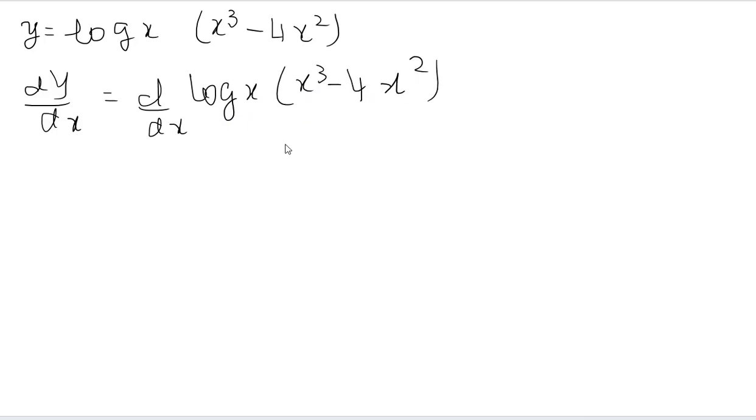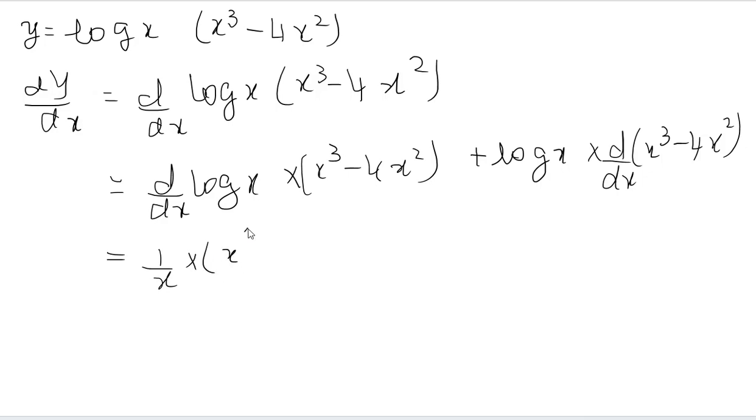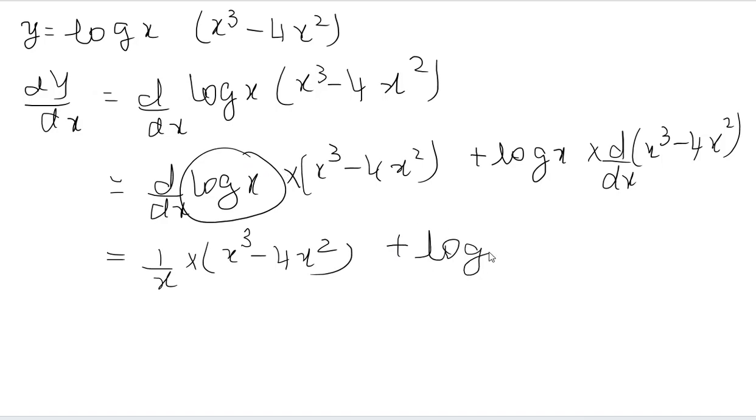So we first solve the derivative of log x because it's coming first, and we keep this thing waiting. Now you keep log x waiting and solve the derivative of the second. The derivative of log x was found to be 1 by x, and this is kept as it is. The derivative of log x is the standard one. Now log x is kept as it is.